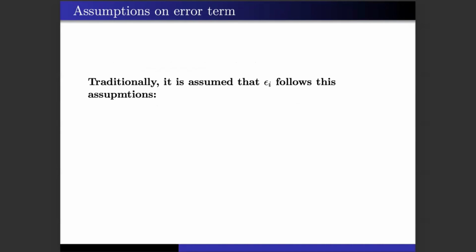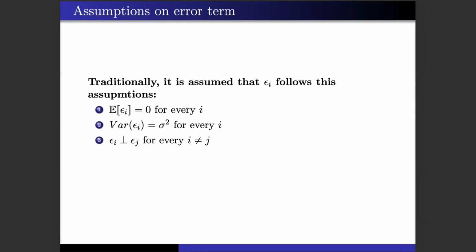When we started with the simple linear regression model, the first thing we did was to make some assumptions on the error term. The first assumption was that epsilon i, the error from each observation, has expectation equal to 0. The second assumption is that the variance of each epsilon i is a constant, and we gave that constant the notation sigma square.